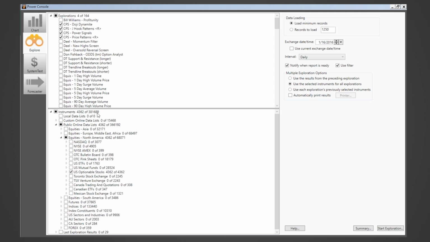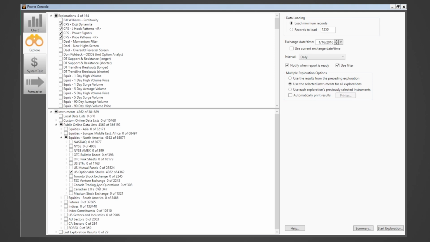We're focused a little bit on North America, but you'll notice that we've got listings for Asia, Europe, Middle East, and Africa. We've got North America, equities in South America, futures, index constituents. I mean, we've got just about everything that you could ever want. And if we don't have it, you probably don't want to be trading it because it's not going to have any type of liquidity either.